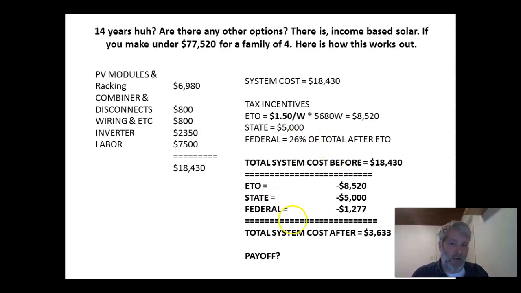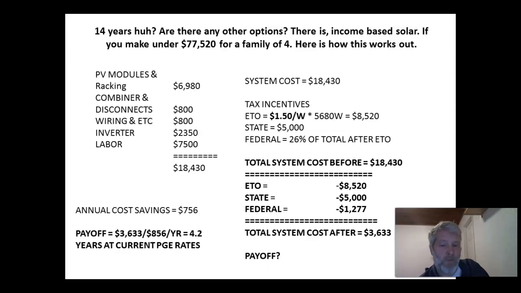Then you get the federal credit after the state and ETO funding. So the breakdown here is you get 8,500 from the ETO, you get 5,000 from the state, you get 1,277 from the federal, and your total system cost is 3,633 for nearly a 6 kilowatt system.